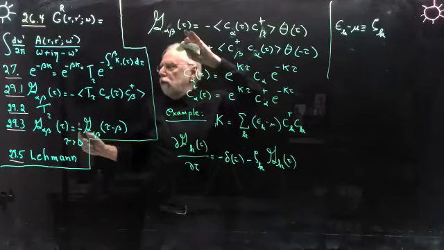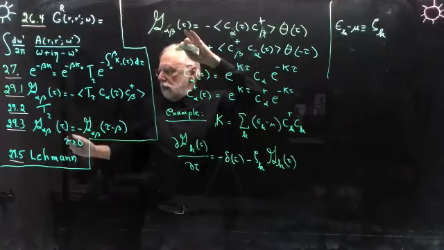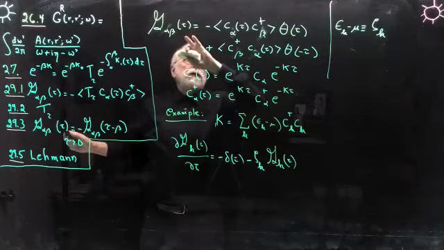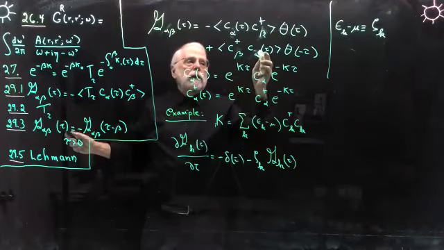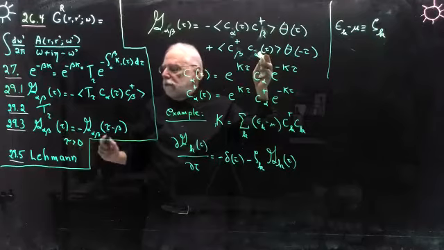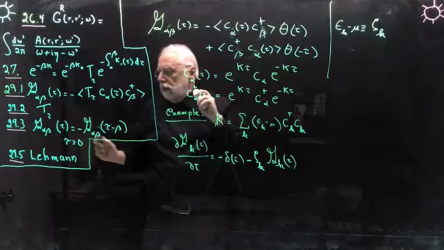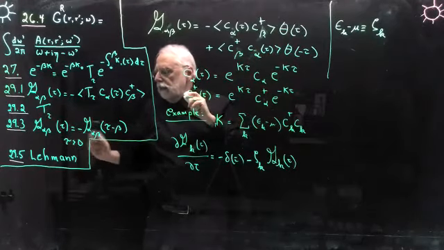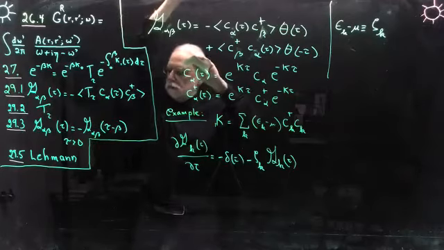I want tau to go from 0 to beta, but in fact, I need it from minus beta to plus beta. But this, I will show you, avoids me a lot of trouble.